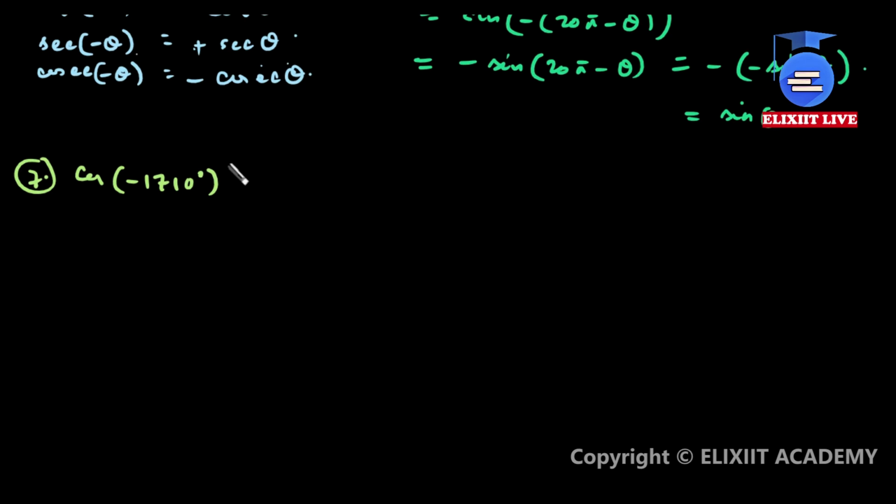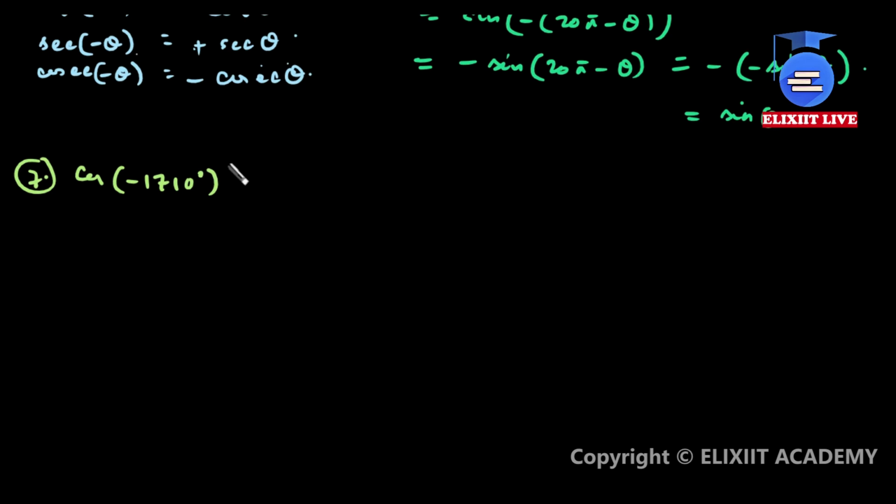You can think of multiples of pi minus theta or plus theta. You may think in this manner. A simple angle is there, 1710. Figure out multiples of pi close to 1710. Pi means 180 degrees basically.